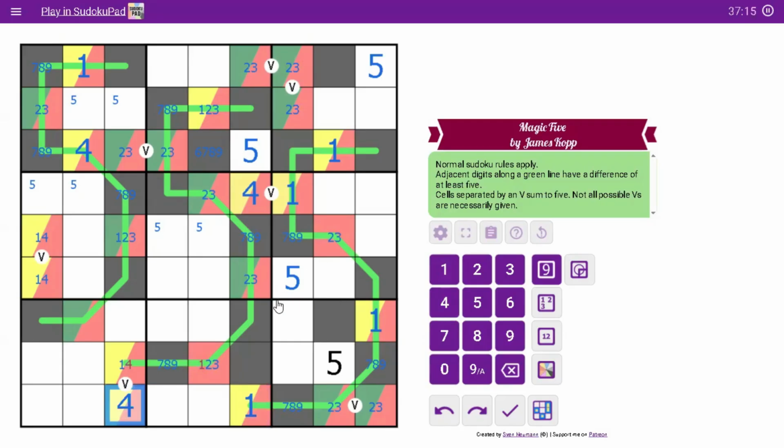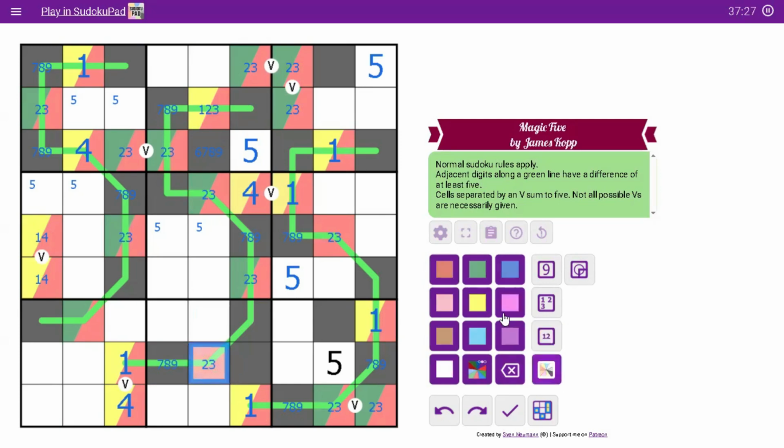So that does the 4, the 1. That's a 2, 3. This is a 2, 3. This is the 2-3, which makes it green. Oh, okay. The ones and the fours.